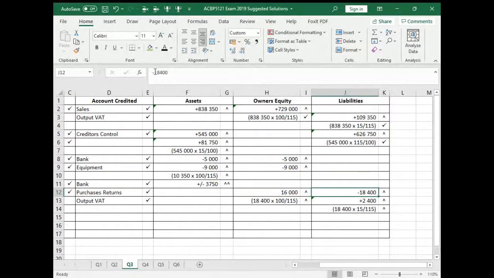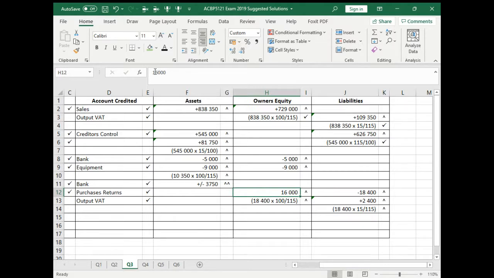Now, how do I actually know I made a mistake here? Because of the fact that we said assets equals owner's equity plus liabilities. Now, if I have a negative here and a net negative under liabilities, I will actually have a negative 32,000, but I've got nothing under assets. And that's how you know you've made an error. So this is actually a positive.